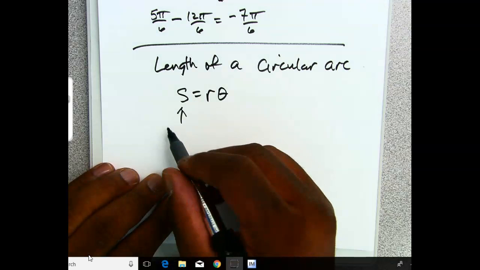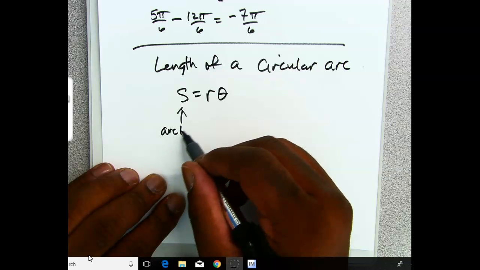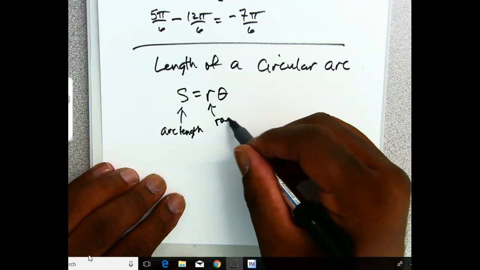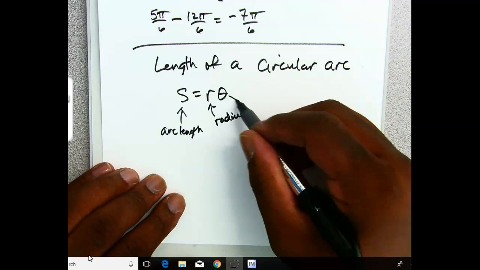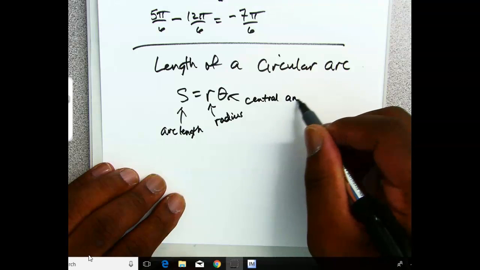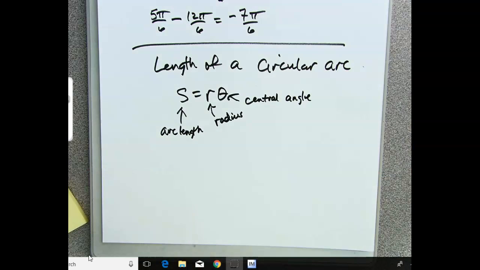So s represents the arc length, r represents the radius, and theta is our central angle. So the length of an arc is its radius times the central angle.